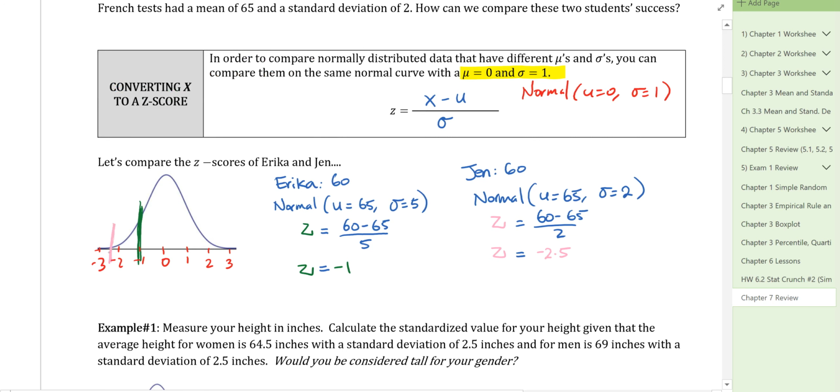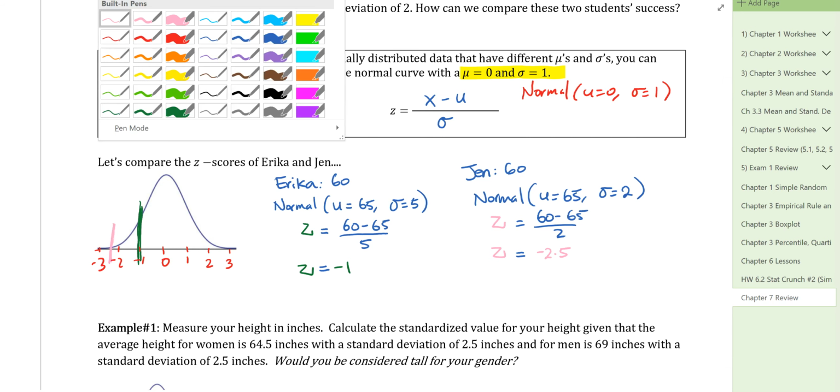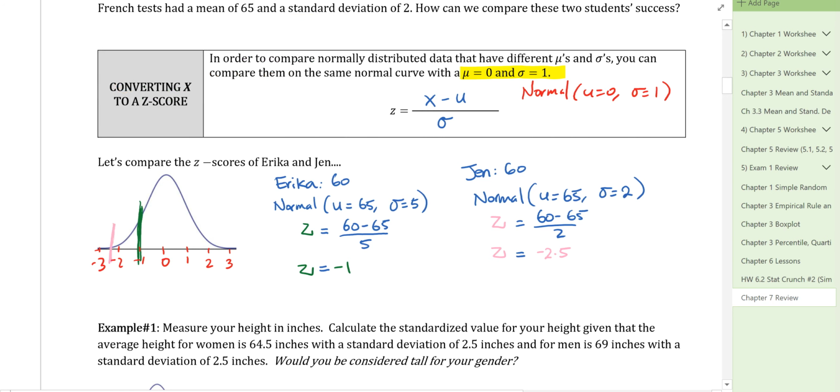Note that they both scored below average, but Erica's score is to the right of Jen's score. So Erica still scored within 1 standard deviation of the mean. According to the empirical rule, 1 standard deviation means the middle 68% of the class.